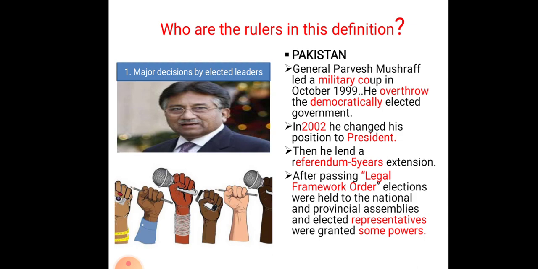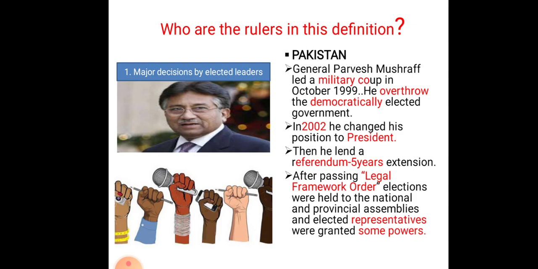Major decisions by elected leaders. In Pakistan, General Pervez Musharraf led a military coup in October 1999. He overthrew the democratically elected government and went on to become the president of the country.